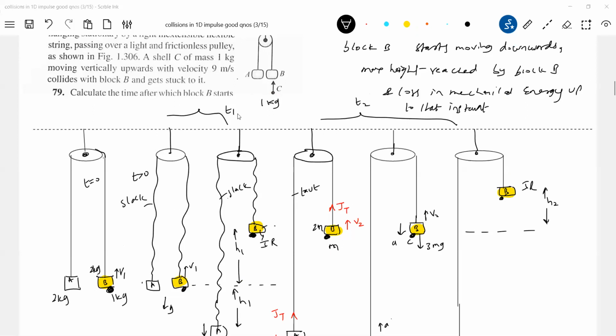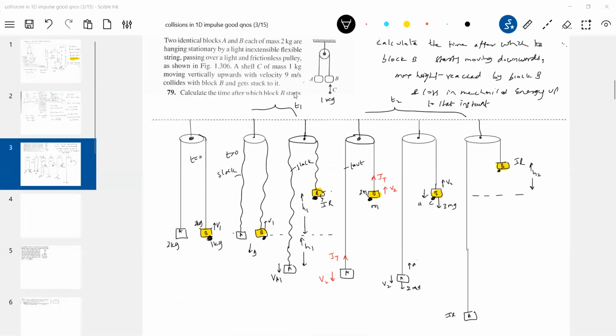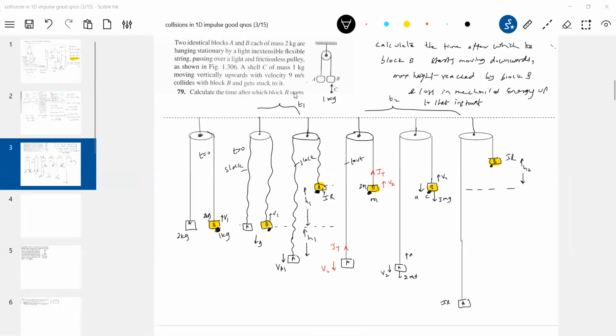Let's write the impulse momentum equation. First, looking at this, 1 into the mass of the MC.